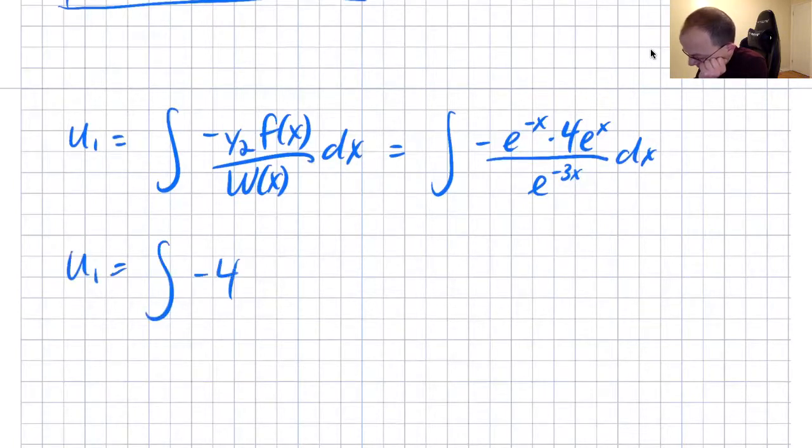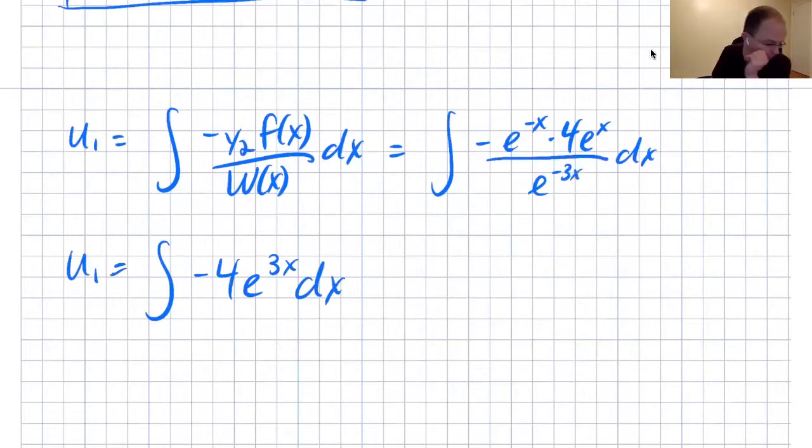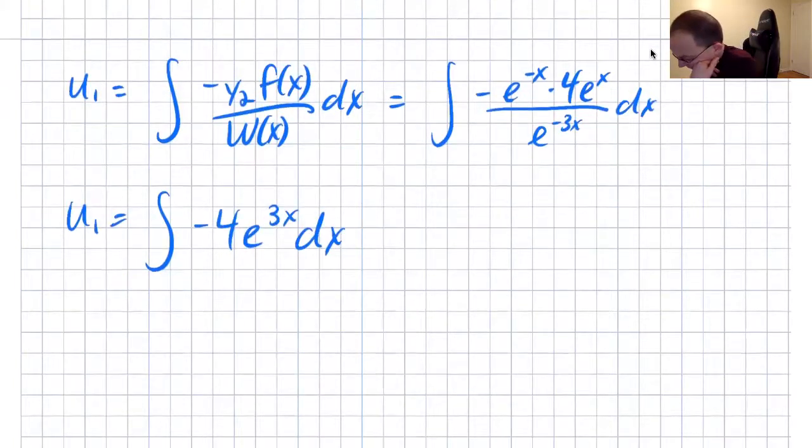Negative 4 e to the 3x. So I just brought this up here and changed the sign of the exponent. And let's see. I think this is easy to integrate.